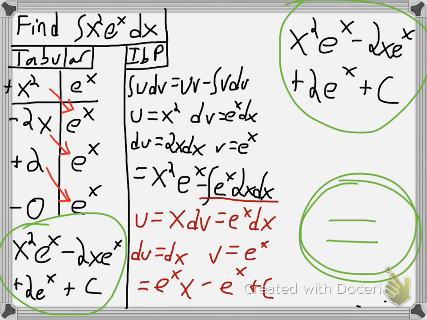So obviously the tabular method is a lot easier to use in most cases, as it took maybe 30 seconds to do this, whereas it took a minute or so to do the integration by parts. For me personally, it's a lot easier to do the tabular method. One, because I don't have to memorize the u-dv equation.